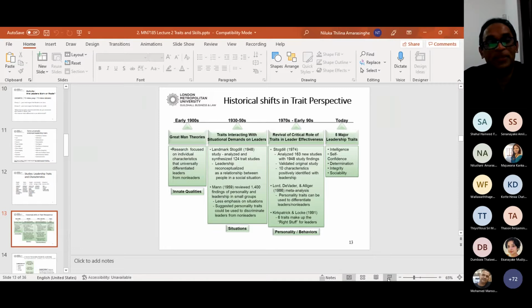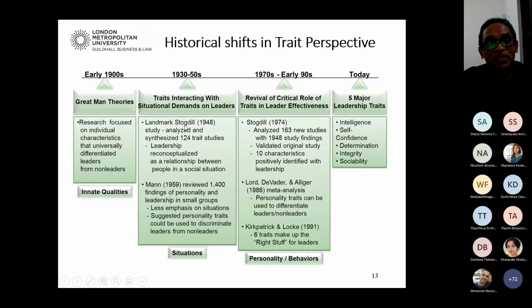Okay, so when it comes to Stockdale and Mann, they also look at the situations. The situation and the traits of the leader. Then Stockdale, Lord DeVader and Elijah, Kirkpatrick and Locke, these researchers looked at the personality and the behavior of the leaders as well, apart from the traits.